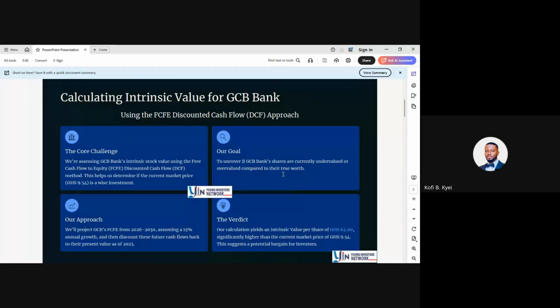I am assuming 15% because I realize that the past figures are too volatile. They are not consistent. They do not flow in a regular pattern. When I did the average of the past from 2021 to 2025, I realized that the average was way above 30%.